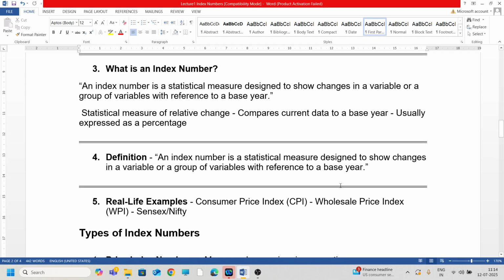It compares the current data to a base year, which is typically set to 100, making interpretation simple and intuitive. So an index number is a statistical measure designed to show changes in a variable or a group of variable with reference to a base year.